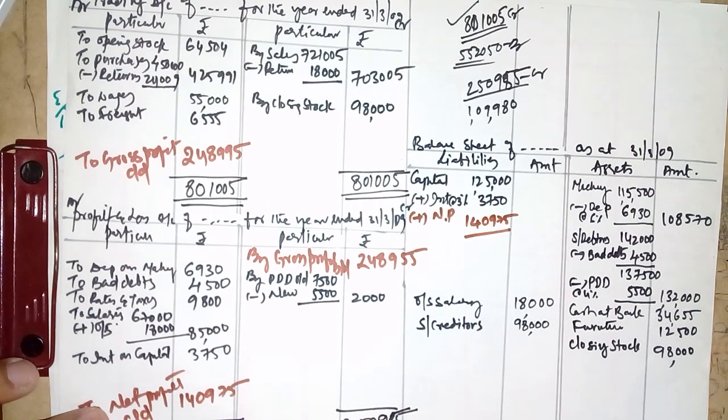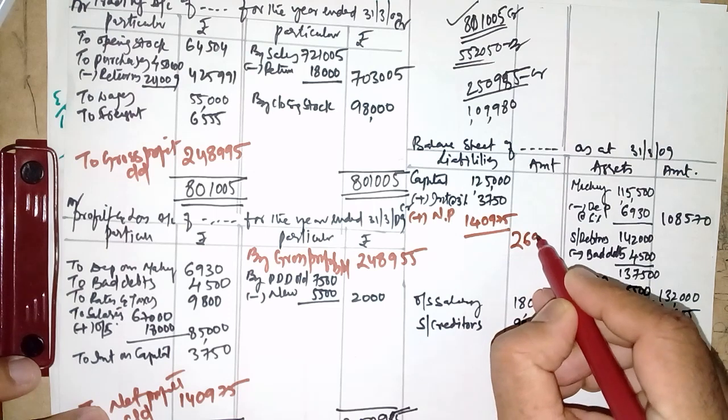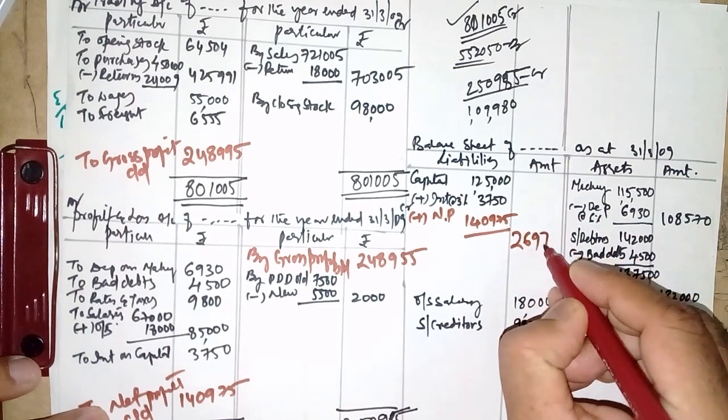So total is 1,25,000 plus 3,750 plus 1,40,975. So I am getting the summation here, 2,69,725.